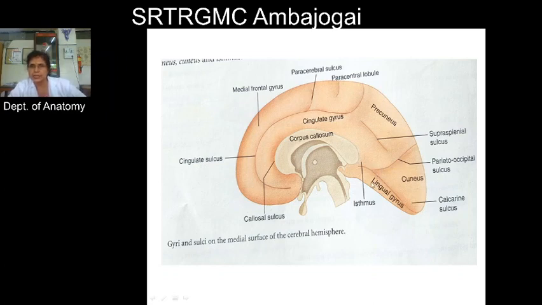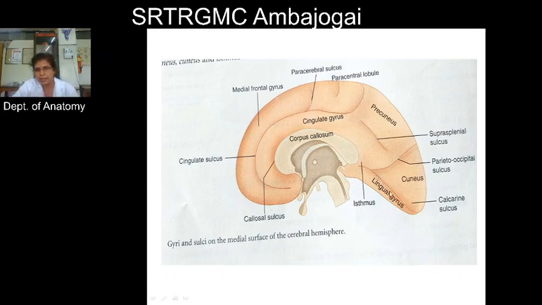Then posteriorly there is the parieto-occipital sulcus, which also extends onto the superolateral surface, as we have seen already. The area behind the posterior upturned end of the cingulate sulcus and above the suprasplenial sulcus, in front of the parieto-occipital sulcus, is called the precuneus.